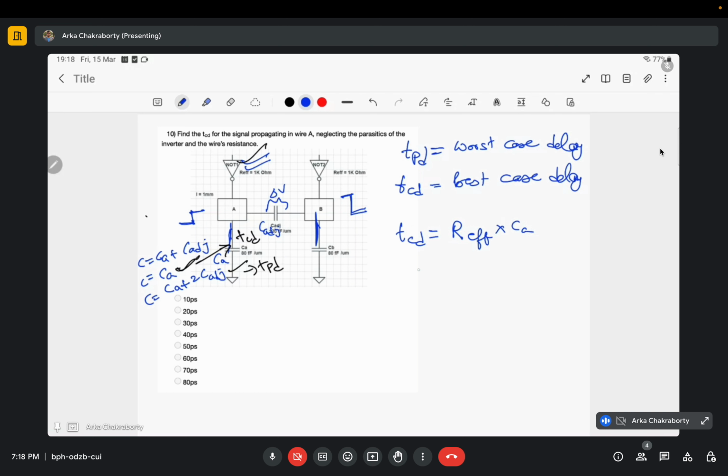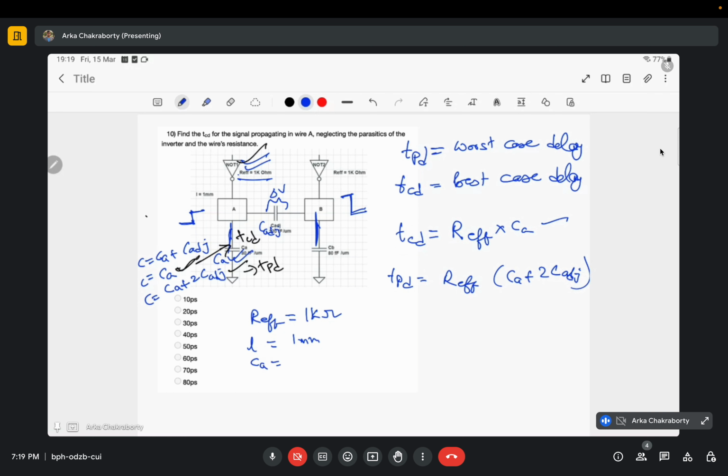If it was propagation delay, it would have been how much? R effective into Ca plus 2 Ca adjacent. But as it is contamination delay, it is simply R effective into this capacitance Ca. So R effective is given as 1 kilo ohm, and L is given as 1 millimeter.